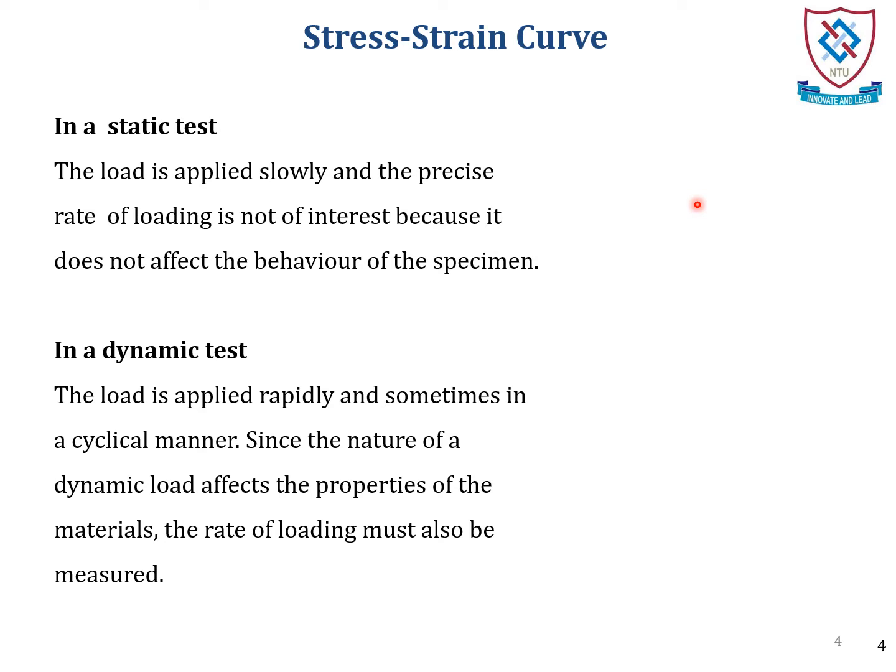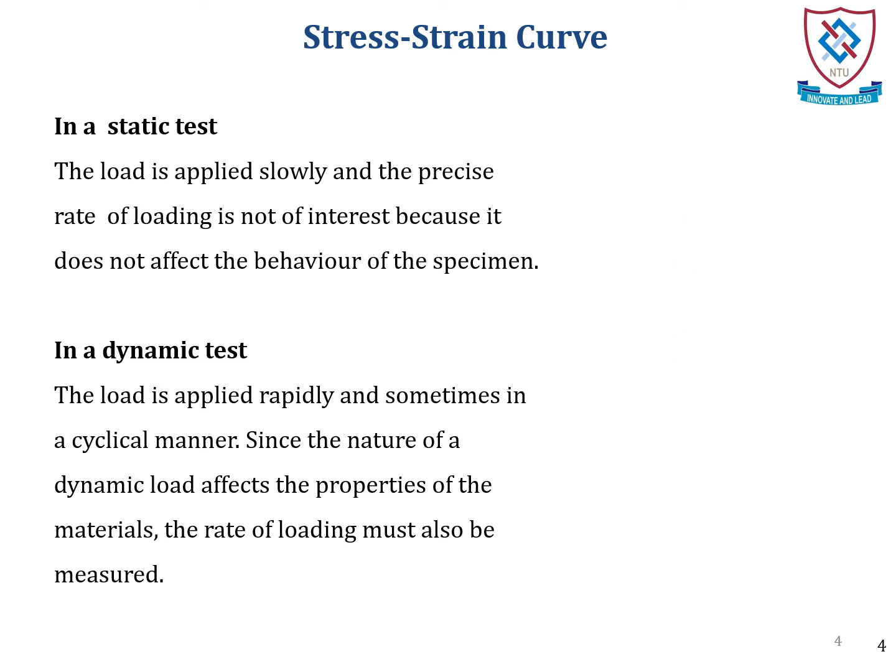For example, if someone is sitting on a bench, the load he or she is applying on that bench is a static load, and in order to check its capacity, whether it will fail or not, we need to perform a static test.